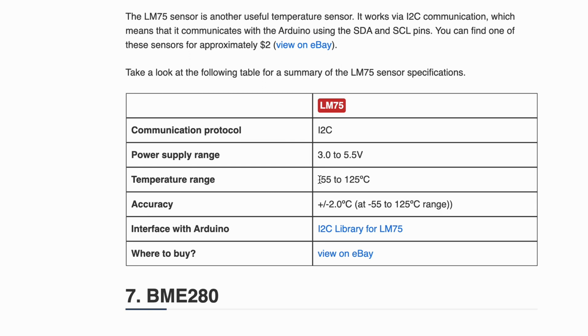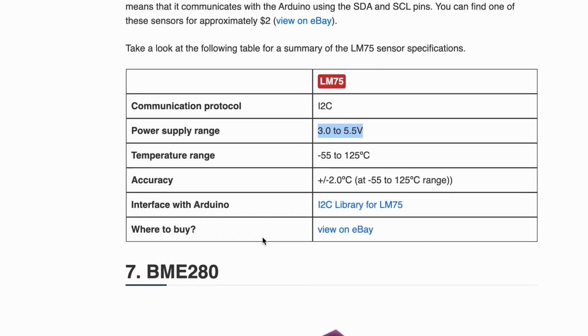For example, you want to check whether the communication protocol is okay with your embedded system. Then you have to check the power supply, like a 5-volt supply, which can be given through the Arduino itself, or otherwise you have to have a separate power supply. Then you should see the characteristics, what ranges it has, like the temperature range here.